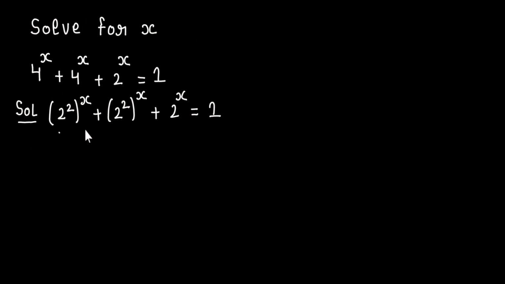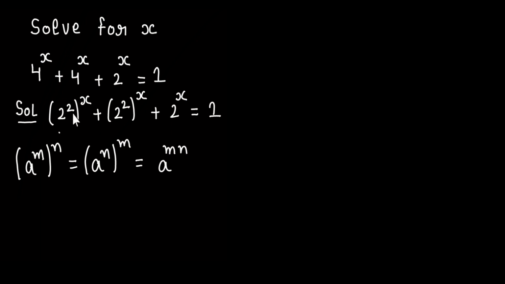To make a clear substitution, I use an exponential property, that is, a raised to power m raised to power n is equal to a raised to power n raised to power m, which is again equal to a raised to power mn.